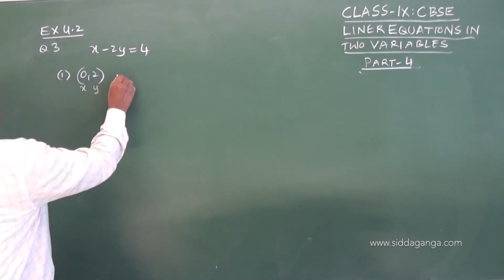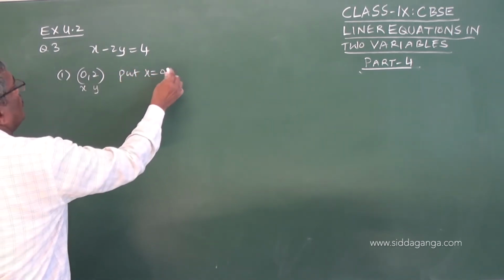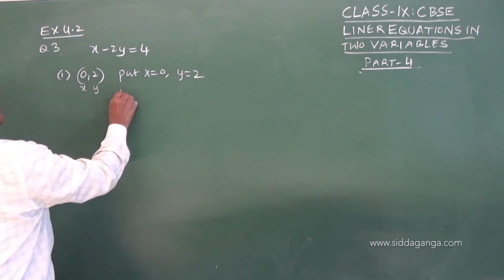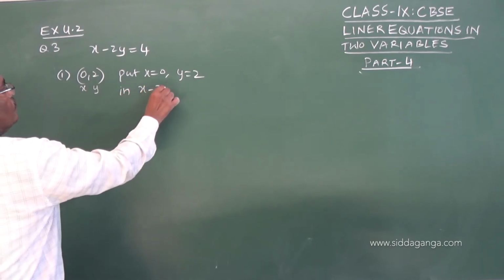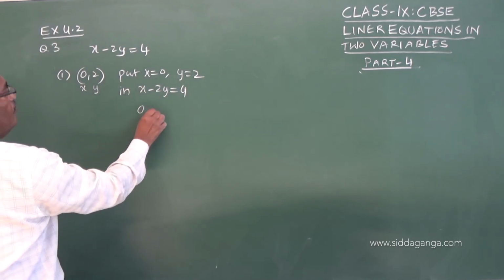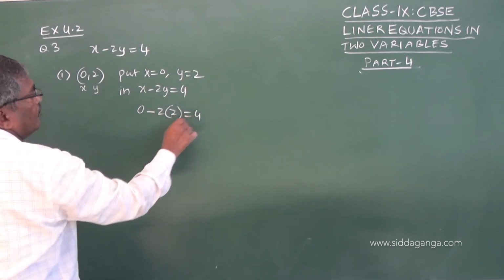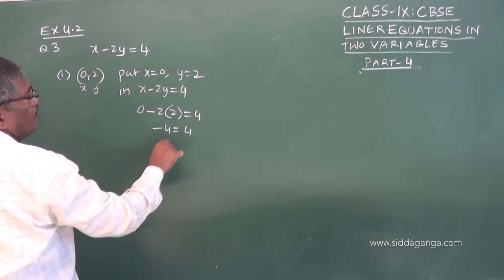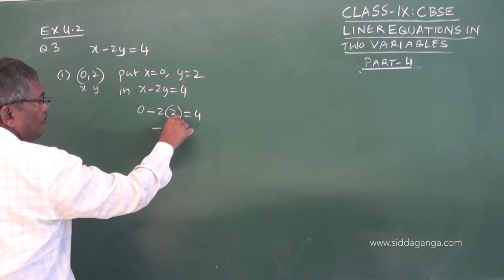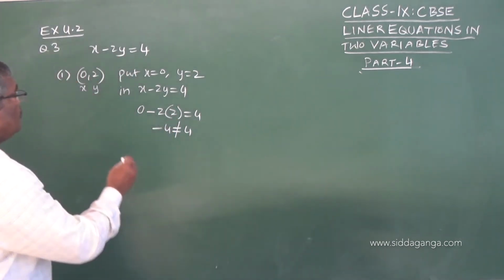So put x equals 0, y equals 2 in x minus 2y equals 4. So 0 minus 2 into 2 equals 4 gives minus 4 equals 4. This is not correct, so you put not equal to. You have to write like this.